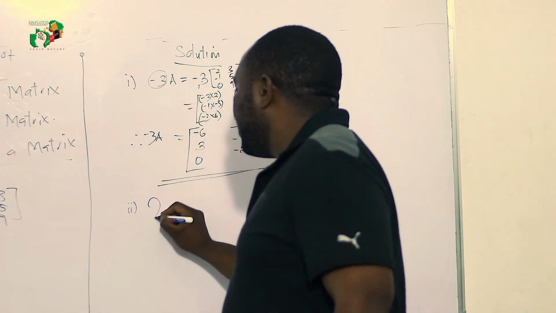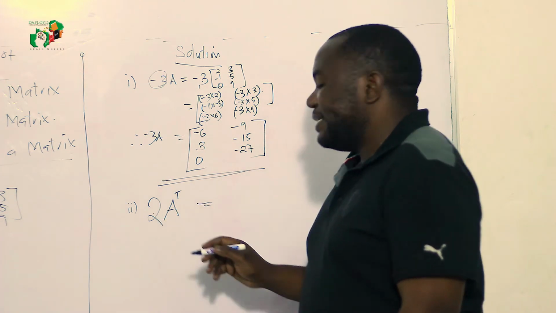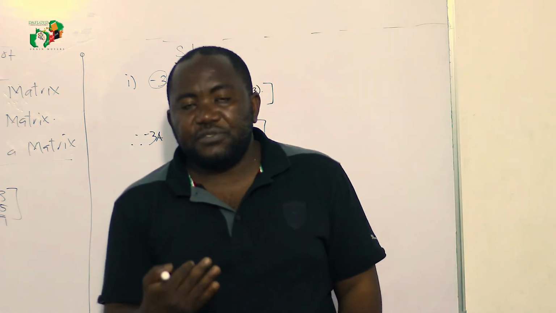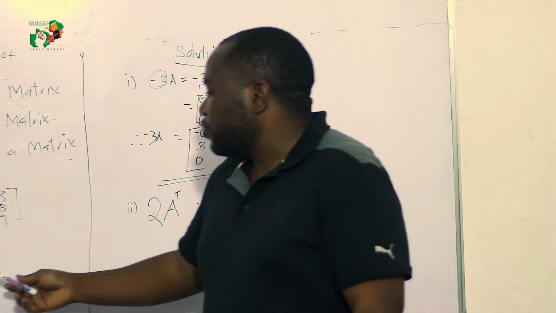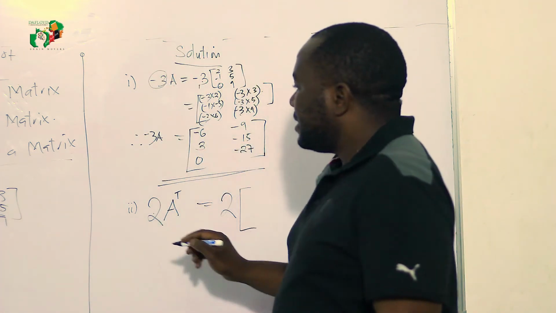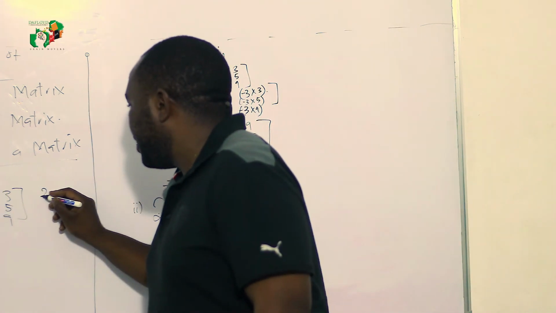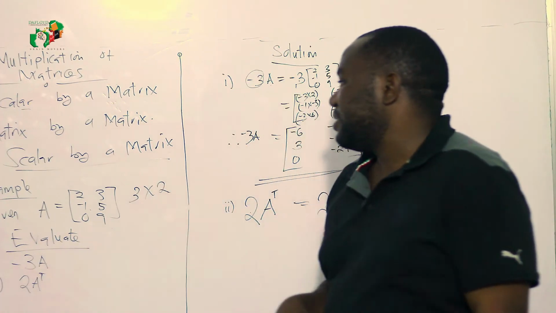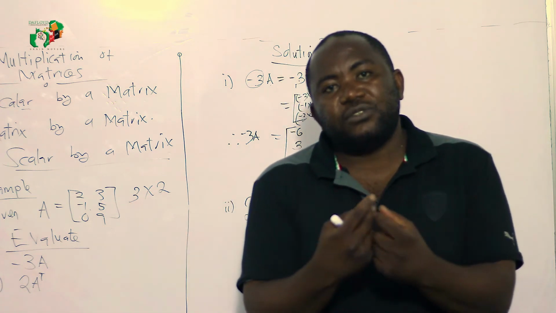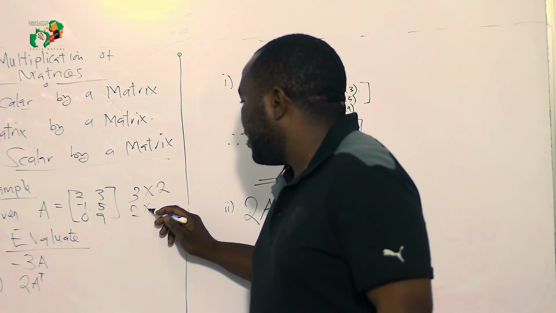I want you to see we have 2A transpose. 2 is a scalar quantity. A transpose: remember in the previous video when we looked at the transpose of a matrix. So we need to transpose A. What's A transpose? We said the rows change into columns. As we can see, this is a 3 by 2 matrix, so when you transpose it, because rows change into columns and vice versa, this would be a 2 by 3.